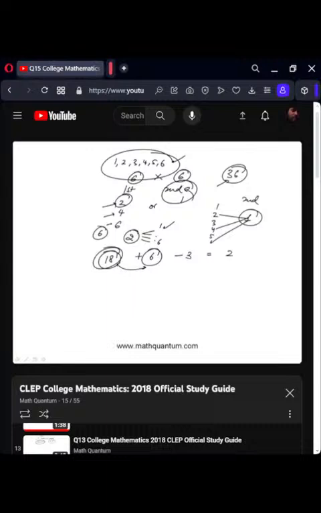The total was 21 outcomes that would satisfy the condition, so the probability would be 21 over 36, favorable over total possible outcomes, which is 7 over 12. Choice B.